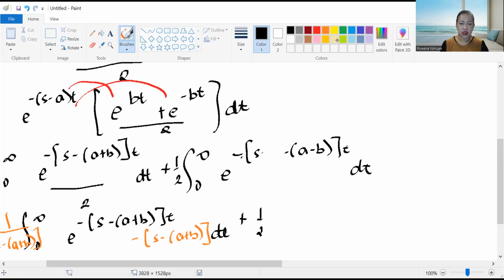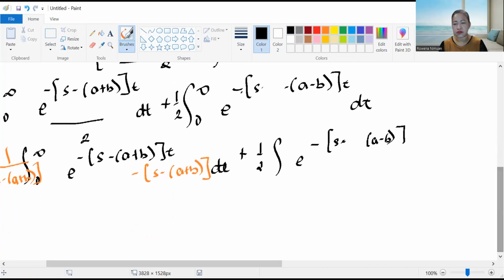So we could introduce the integral of e to the negative s minus a minus b, t dt.